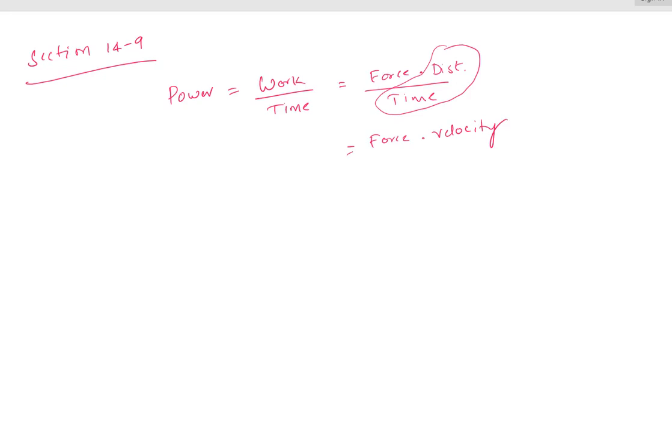The units of power: work is in joules, time is in seconds, and joules per second has a special name, the watt. Just the same way as joule is another name for Newton meter, joule per second is watt.